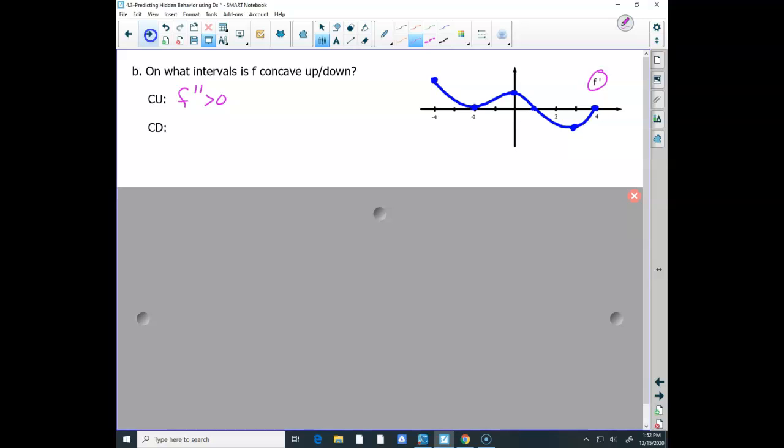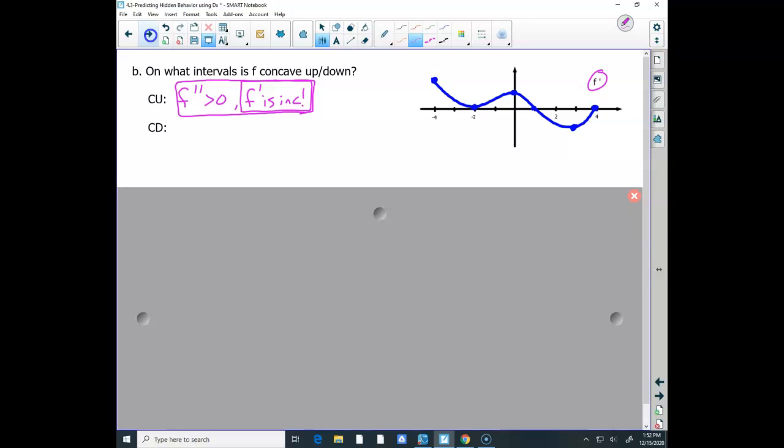And if f double prime is greater than 0, that implies f prime is increasing, doesn't it? So these are my justifications. The cloud of knowledge is connecting: when the second derivative is greater than 0, the first derivative must be increasing.